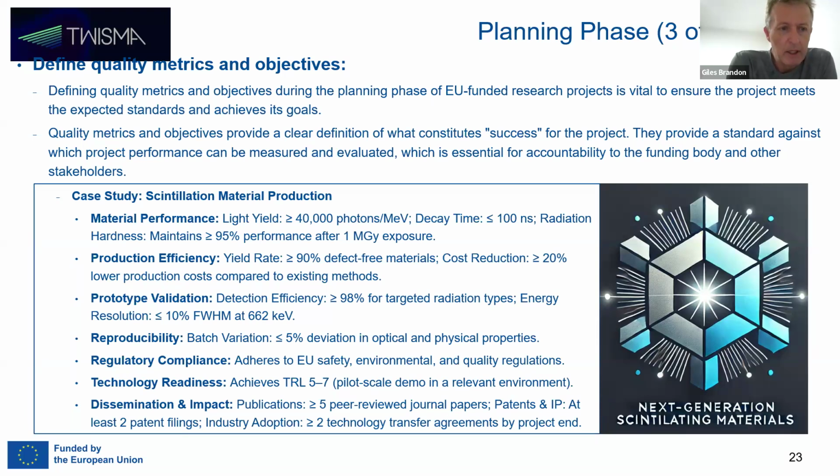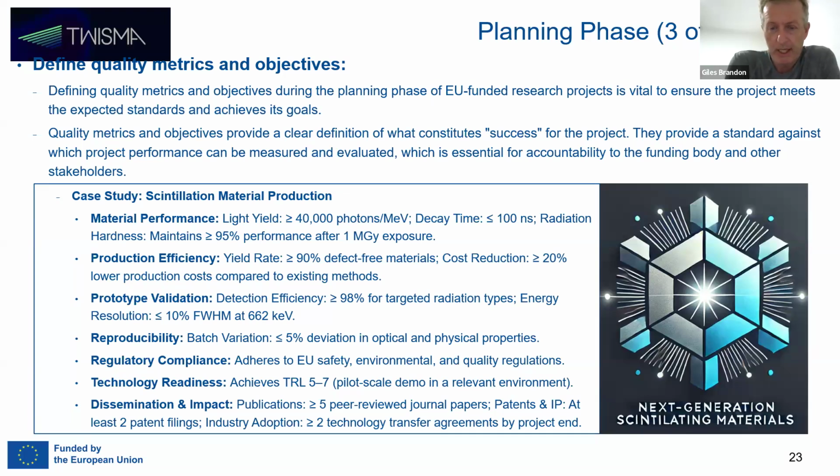In the context of our case study, maybe our quality metrics would look something like this. The numbers here are not definitive, it's just there as an example. But if we're talking about material performance, maybe we'd be saying with our project, our aim with the light yield is to get above 40,000 photons per mega electron volts.